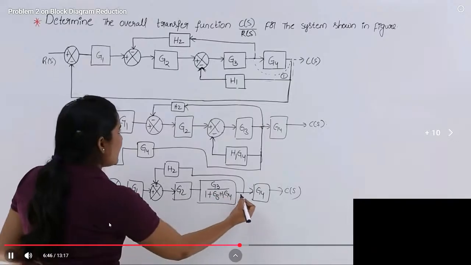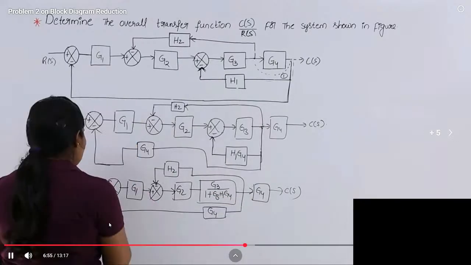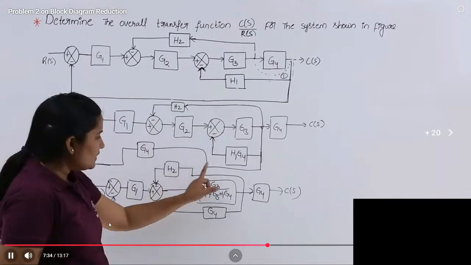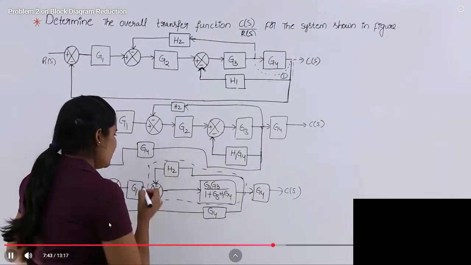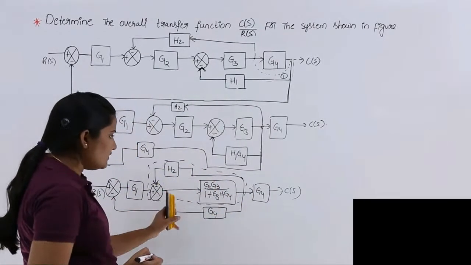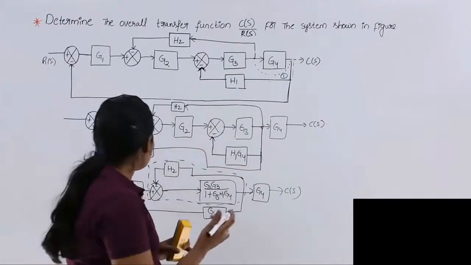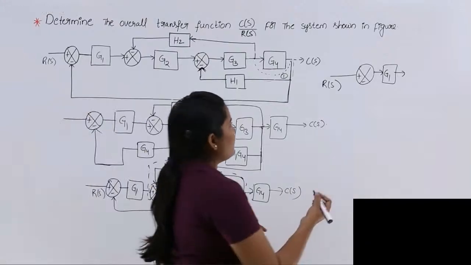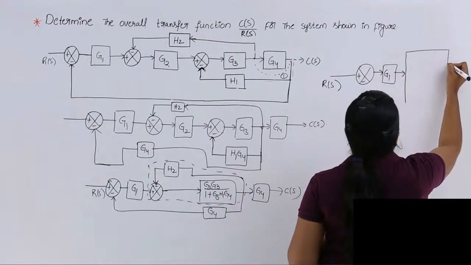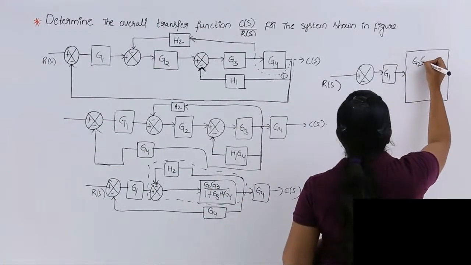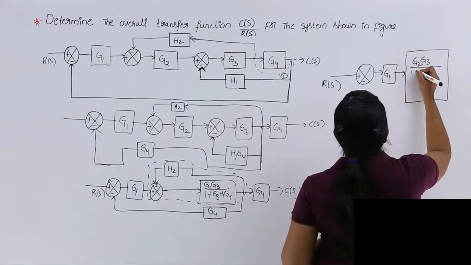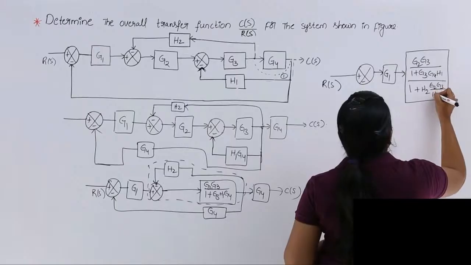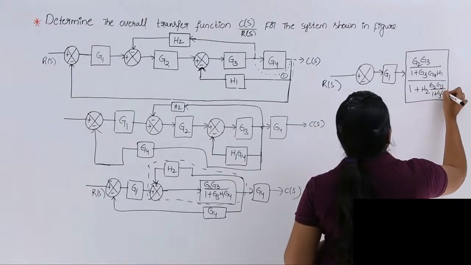You are having both, and here these are in series. When you add negative feedback gain, you can make the total feedback path gain. So this feedback loop with negative feedback, I can write as G2 G3 divided by 1 plus H2 into G2 G3 divided by 1 plus G3 G4 H1.